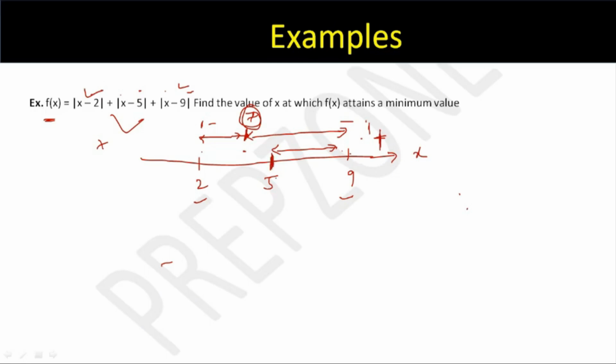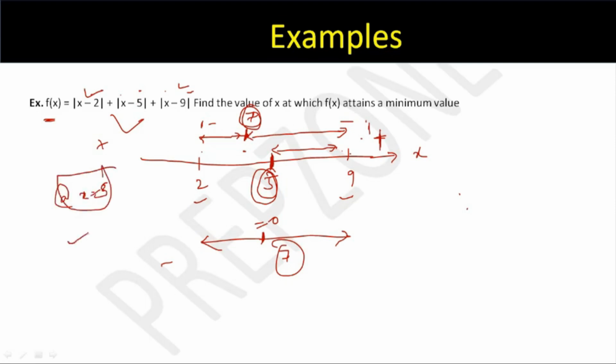So if x is 5, then the distance of x from 5 will be 0. And because this is here, the distance from 2 and the distance from 9 will be nothing but 7. So the minimum distance will be 7 when x is equals to 5. So my answer becomes 5. Clear? So when x is 5, the distance will be 0 and the distance from 2 and 9 will be 7. So x has to be 5.